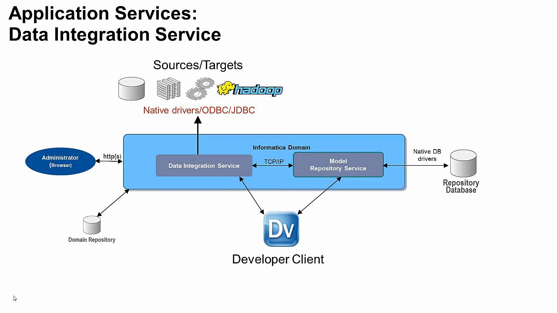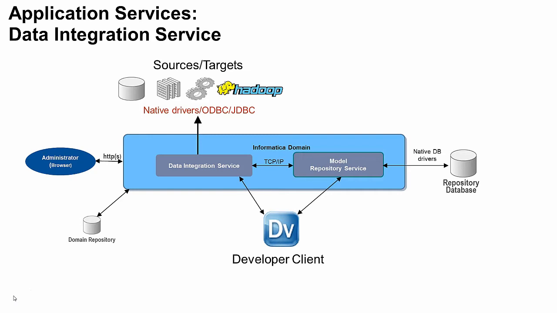In the back end, the model repository service, like I talked about in the last few slides, interacts with the repository database using native database drivers or JDBC. And to interact with the data integration service, it communicates via TCP/IP, right?